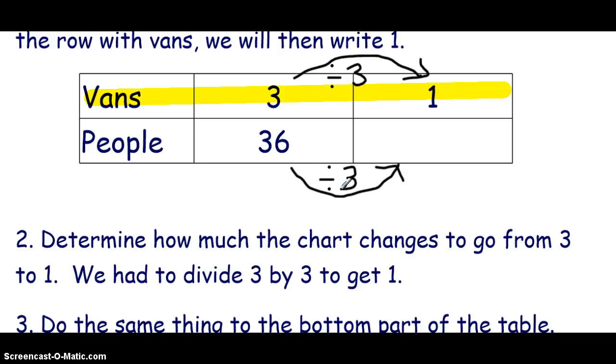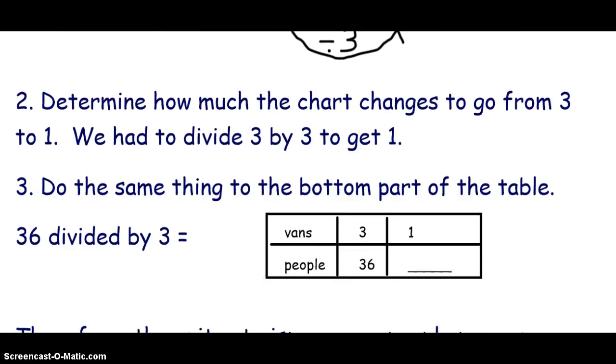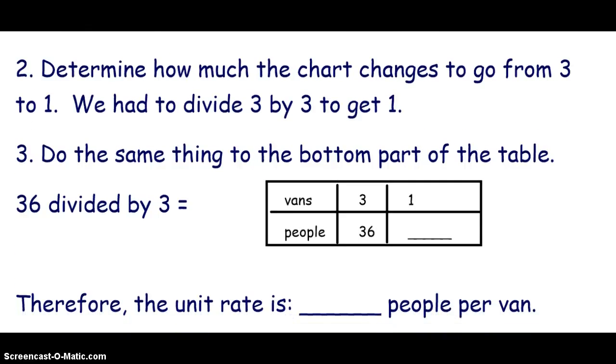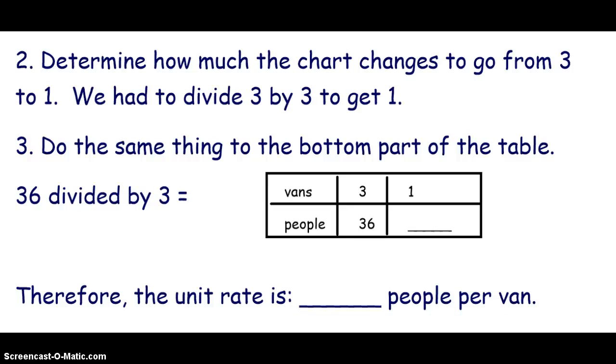So I'm going to also divide 36 by 3. Okay, and when we divide both of them by 3, 36 divided by 3 gives us 12. So in my table, I'll fill that in also. Therefore, our unit rate is 12 people per van. Remember that per means for every 1 van.